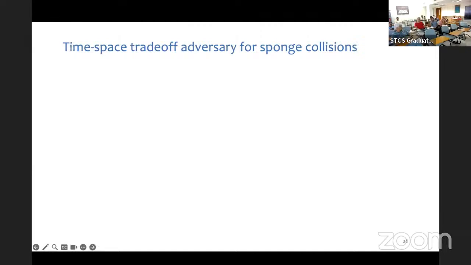If I'm allowed polynomial time and polynomial space, then this problem is just inverting pi, right? No, the thing is you're truncating the permutation.